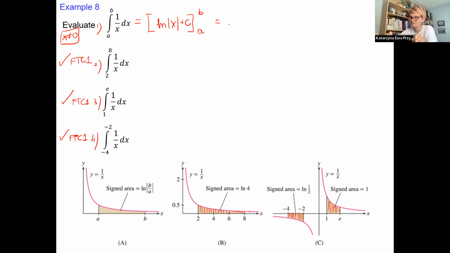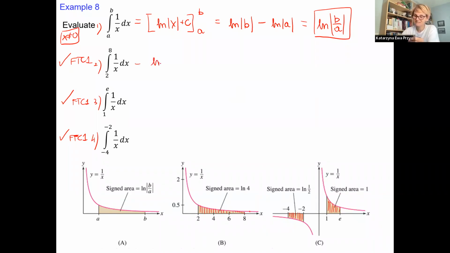Natural log of b plus c minus c, that's the natural log of a. And when we subtract, we may divide. That means this is the answer. We don't have to memorize, oh no, not at all. But we have to know the antiderivative for 1 over x. Natural log of b minus natural log of a.